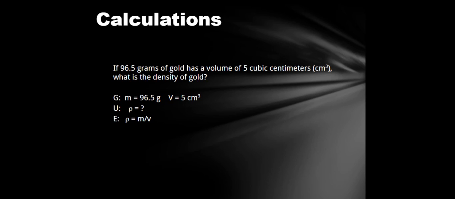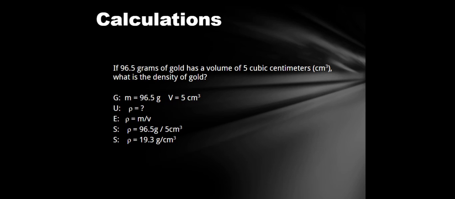Then we go to the equation. What is the equation? Well, the equation is density, or rho, equals mass divided by volume. Okay? Next thing we're going to do is substitute what we know. We know that the mass, 96.5 grams, over 5 cubic centimeters, which is the volume, will give us density. So we'll set that up. So far we have given, unknown, equation, and substitution.